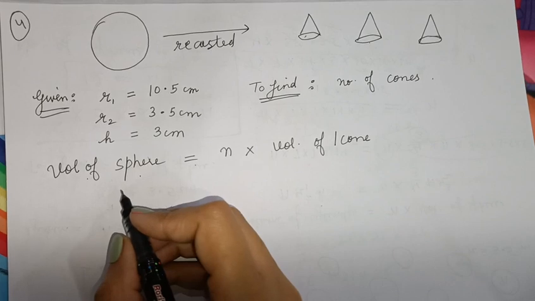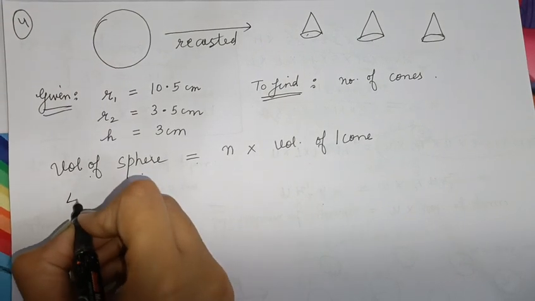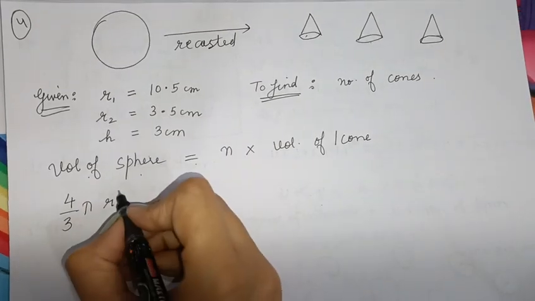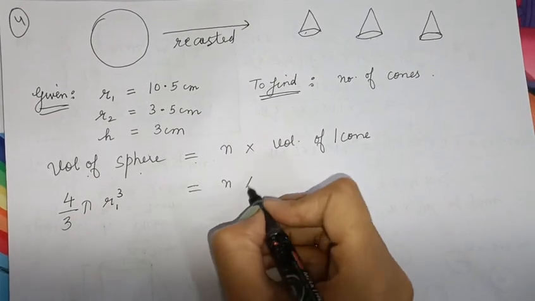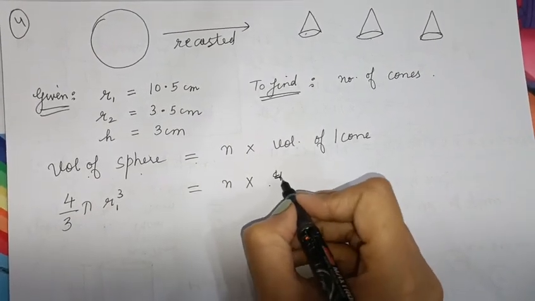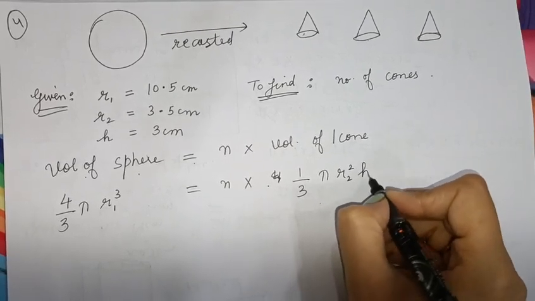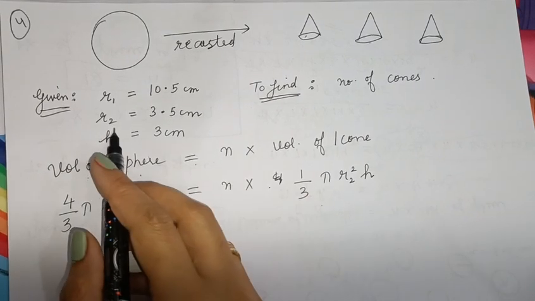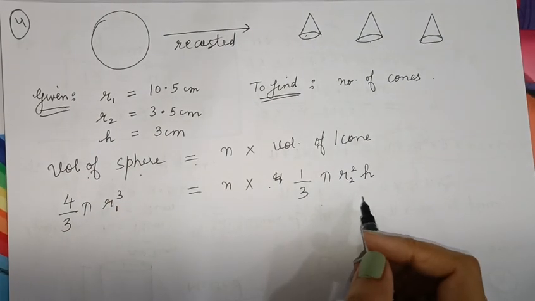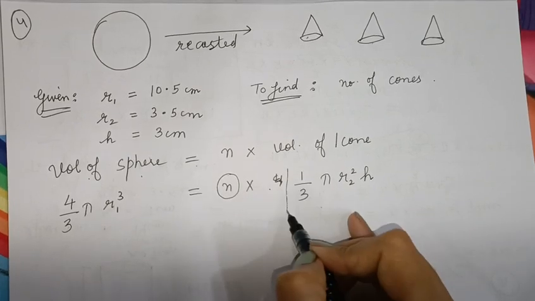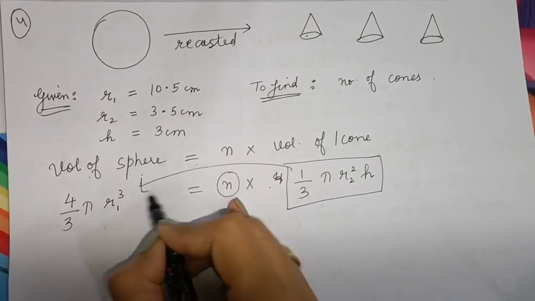So I'll write the formulas. Volume of sphere formula is 4 by 3 pi R1 cube, equals n into volume of cone, which is 1 by 3 pi r square h. R2 is the radius of cone. Now what will we do? First of all, n we will write on this side, and other than n we will shift everything to the other side.